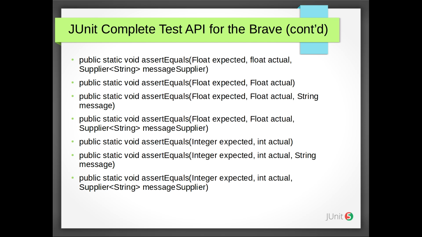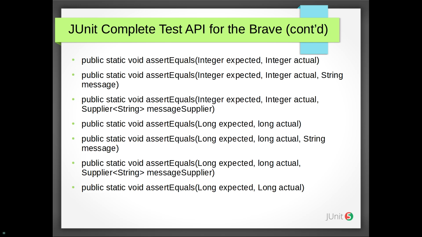If you provide an int value, for example, and invoke it where you want a double, but the compiler can find an assertEquals to put the actual int there, you're not going to be invoking the exact correct method, which may not be what you want. So you have to be careful with the widening conversion of data types for this. All right, some more assertEquals.